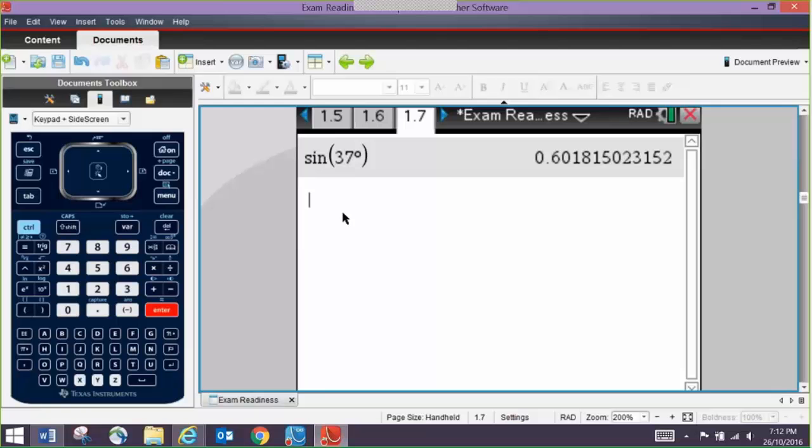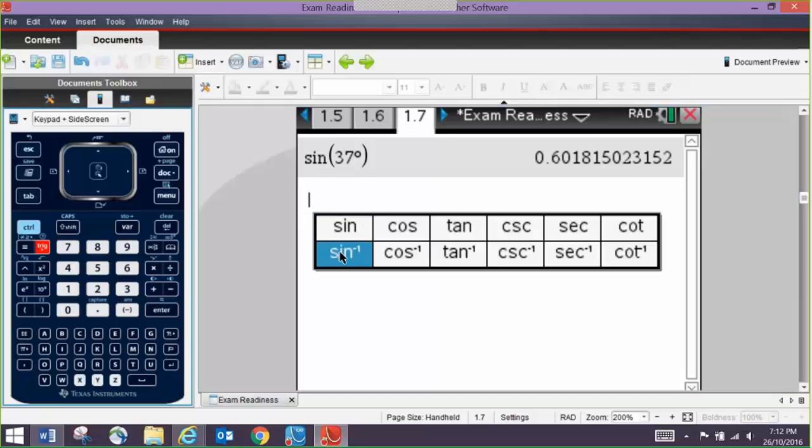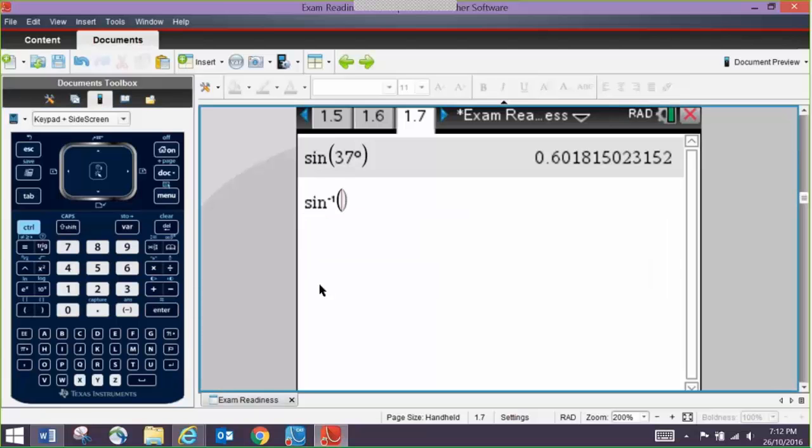Likewise, if they happen to do the inverse sine function, and let's just put in a particular value, let's say 0.86, what I get is, of course, an angle in radian mode. But if I've got my question and it says to the nearest degree, then I'd really like to change that to degrees. I don't have to remember the conversion factor because the calculator can do that for me.